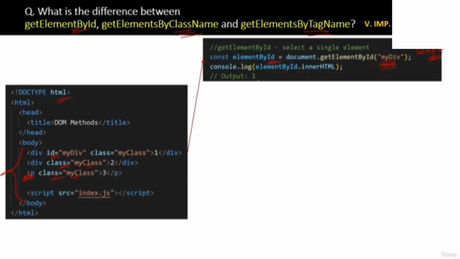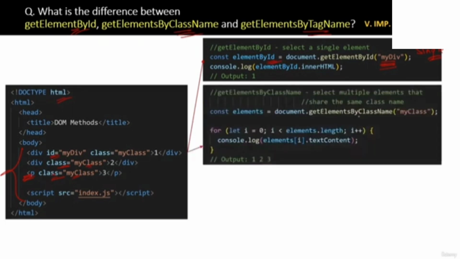The next one is getElementsByClassName. This will select multiple elements that share the same class name. So here in the code, you will pass the class name as a parameter, and you will get the references of multiple elements in the single variable. We also call it HTML collection, which is an array-like object.